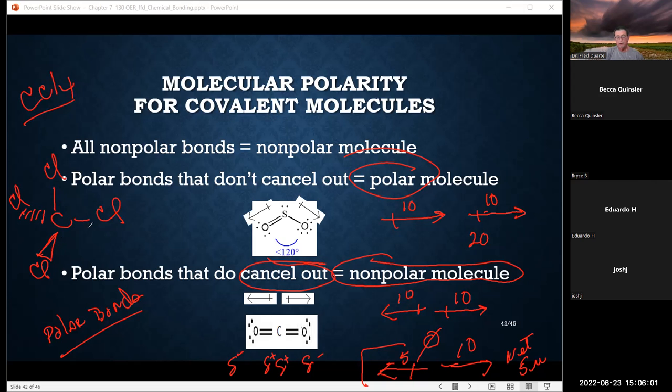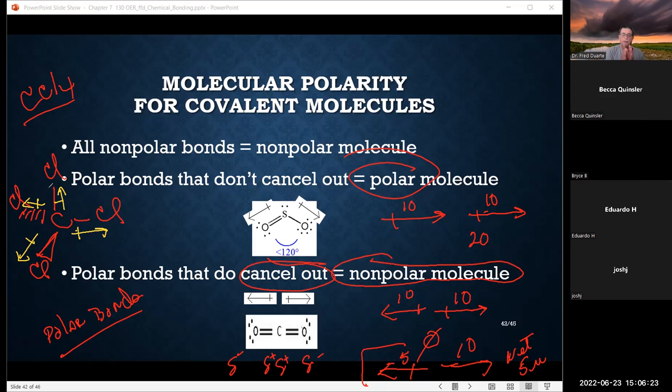At first guess you would say I have 4 polar bonds, and you would be correct, going away from the central atom.